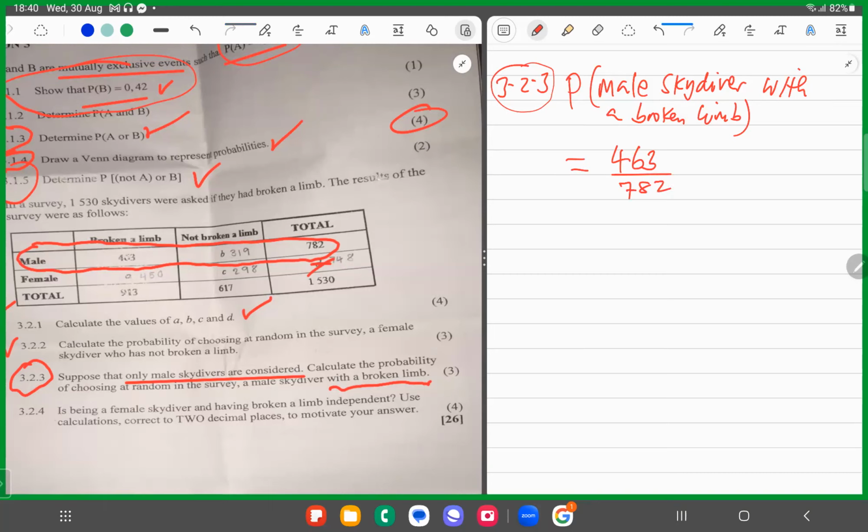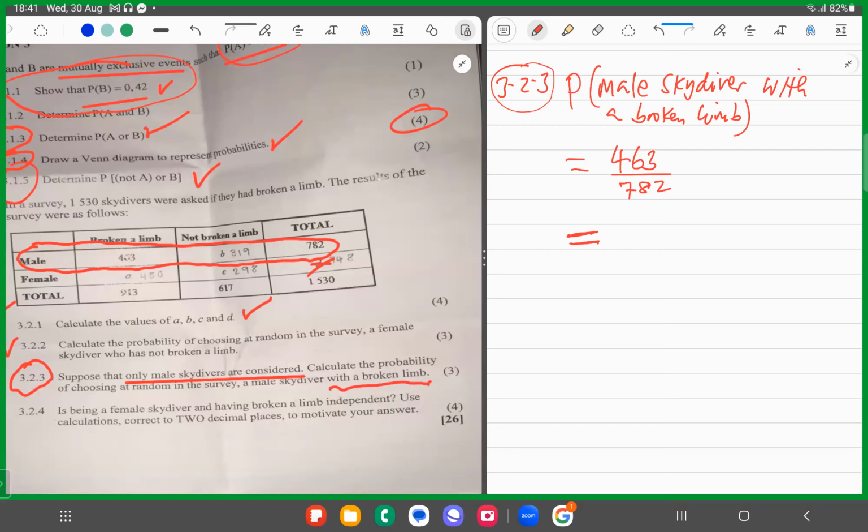So the probability of a male skydiver with a broken limb is 463 divided by 782. And then we're able to get the result. This is the answer, but we can look at it further.